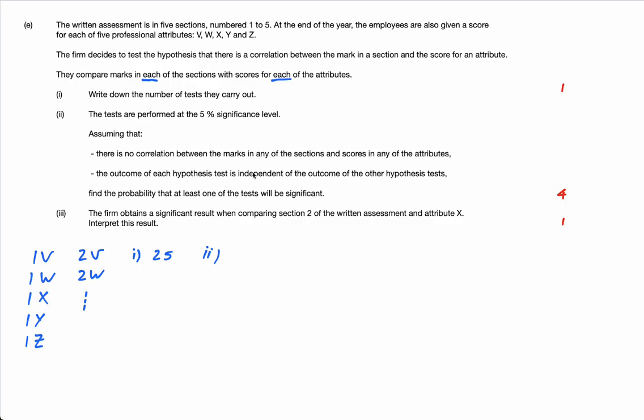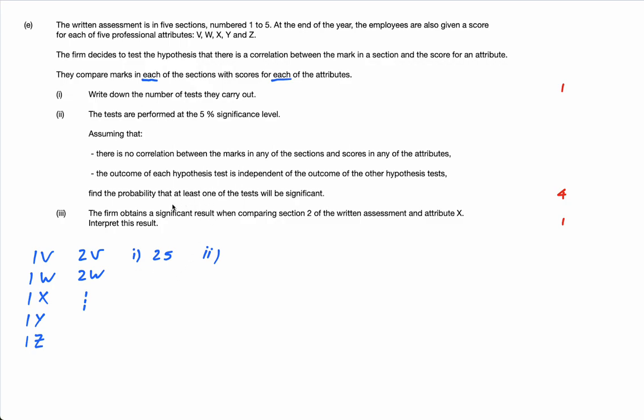So he's basically saying, the point they're trying to get at is, even though there is no significance, because we're doing 25 tests, probably one of them will end up being significant.